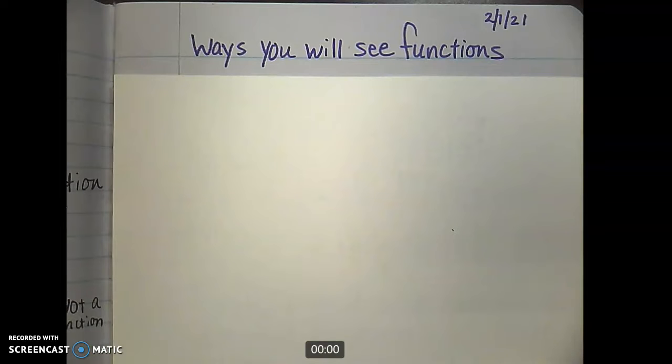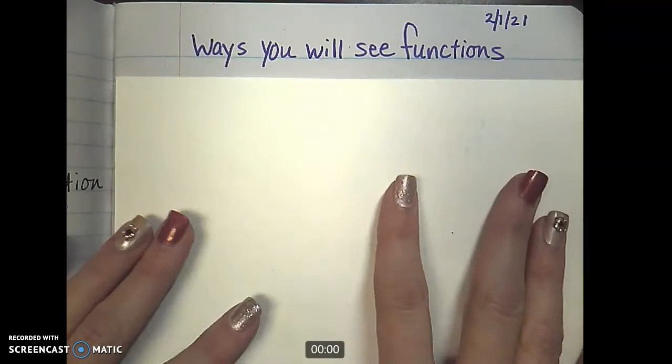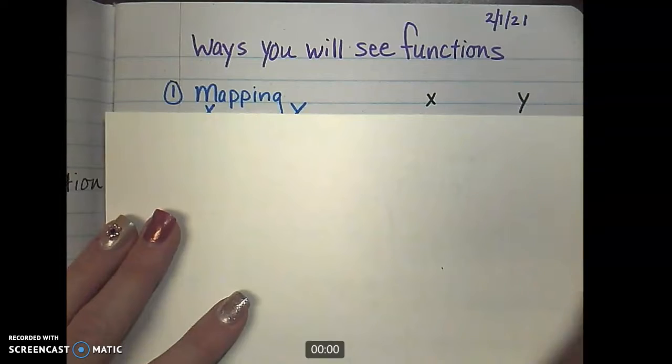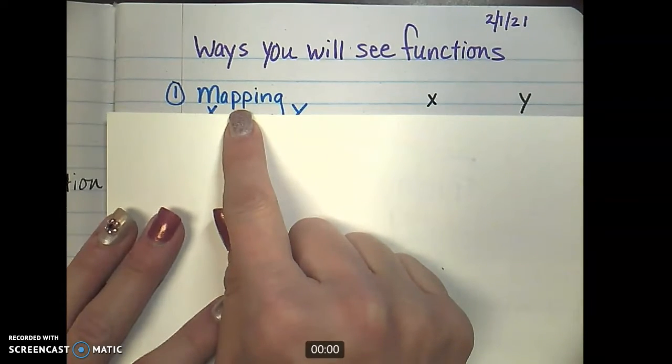Alright, so here are some different ways that you're going to see functions displayed, and you'll have to be able to tell yes, it is a function, or no, it is not a function. The first one is called a mapping, M-A-P-P-I-N-G.